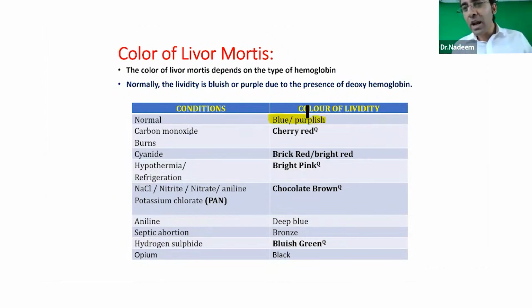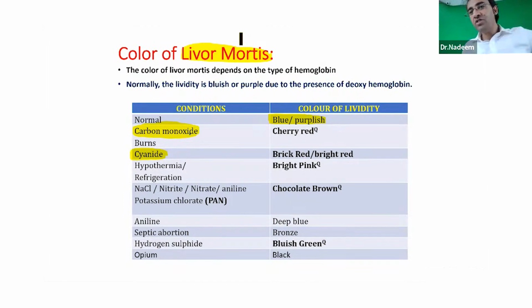But what about carbon monoxide poisoning and cyanide poisoning? Very good. Repeatedly asked question. This table is extremely important. See here, livor mortis, also called hypostasis, staining, post-mortem lividity and so on.